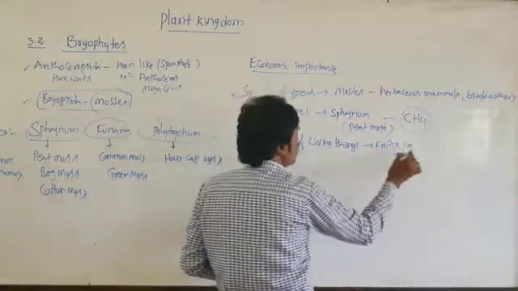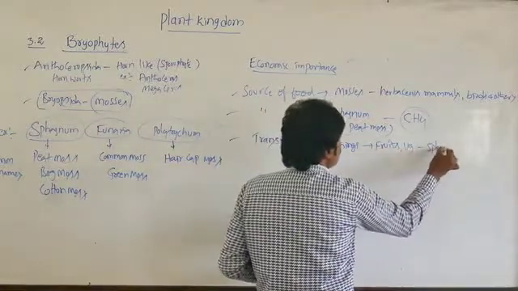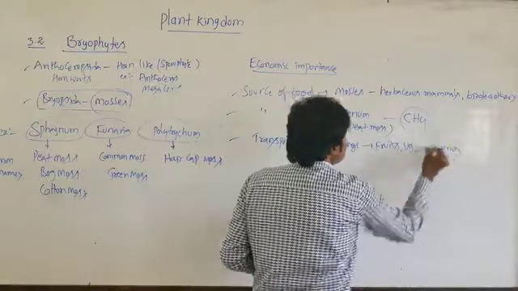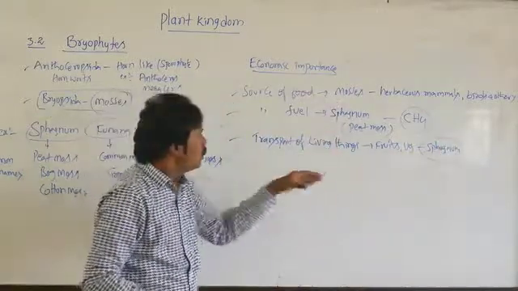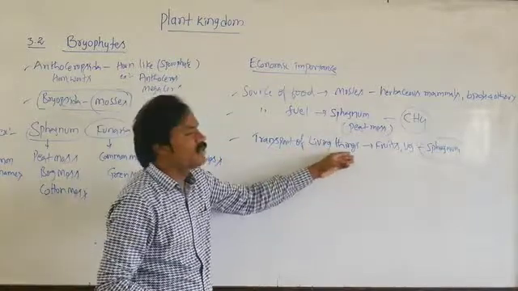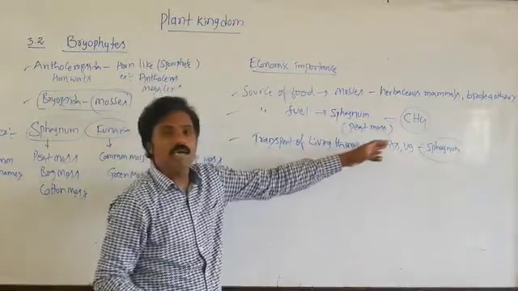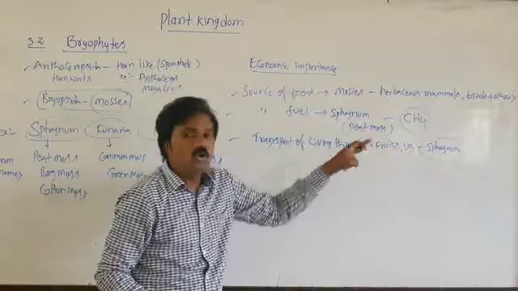Which one is useful? That is also sphagnum. So sphagnum, the peat moss, plays an important role in the transportation of living things like fruits and vegetables.